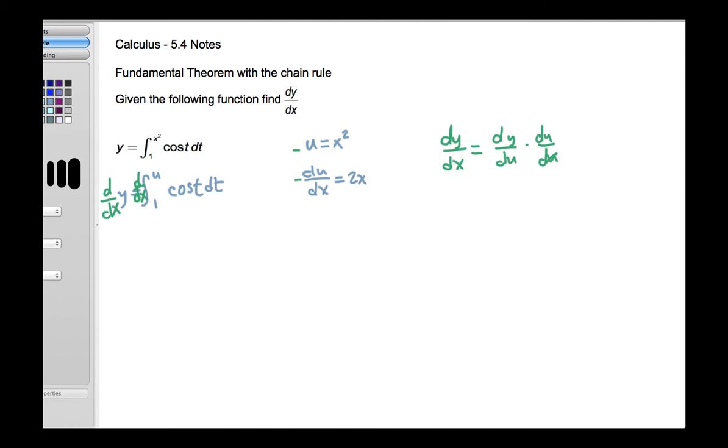So when I work my chain rule out on this guy, what I'm really going to have is d du of the integral from 1 to u of cosine t dt, times my du dx. So this is really the step that I'm processing here. So this guy is going to end up being cosine u.